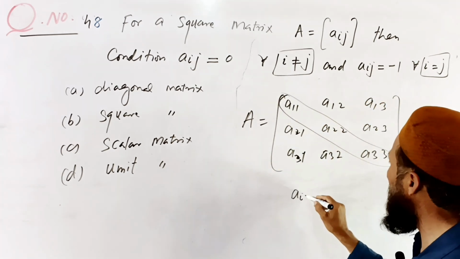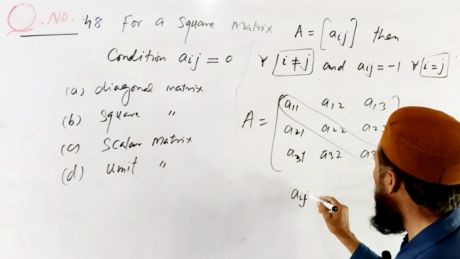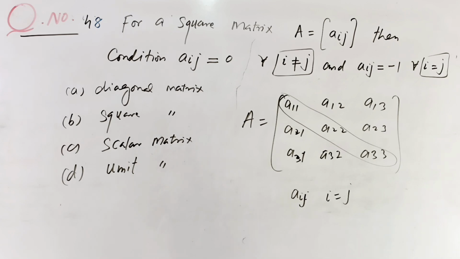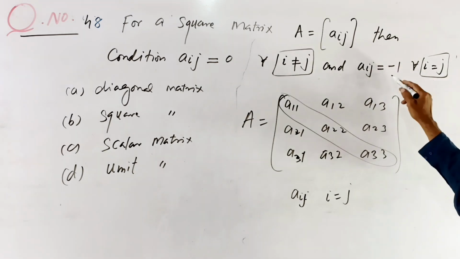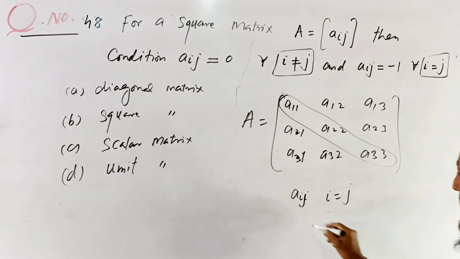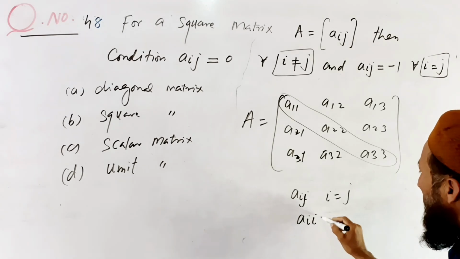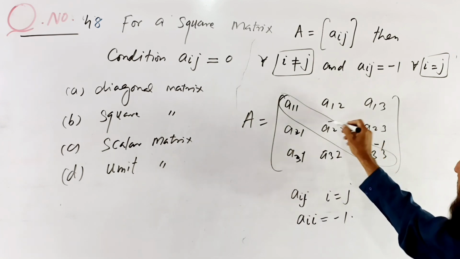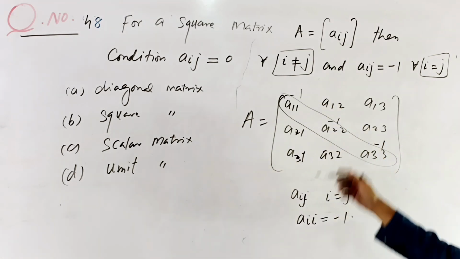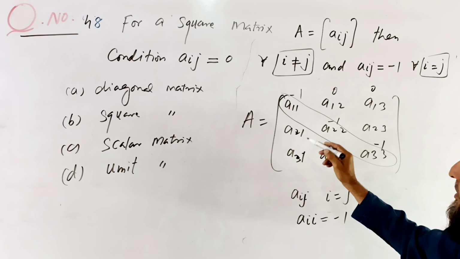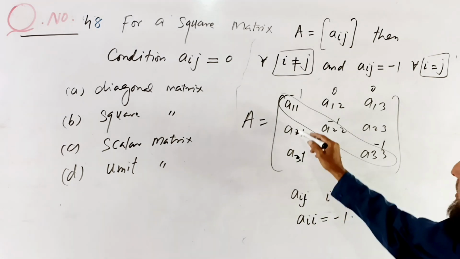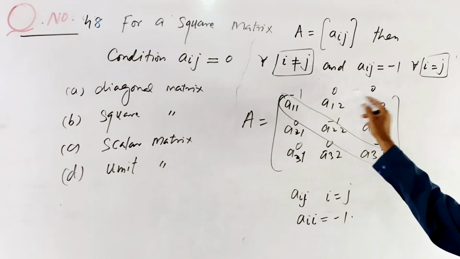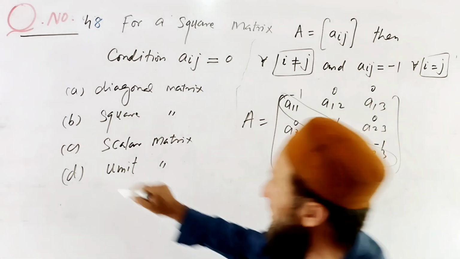So aij for i equal to j, that condition is applied here. Where i is equal to j, the result is 1, 1, 1. The other results are 0, 0, 0. So we will get 1, 0, 0, and a scalar matrix.